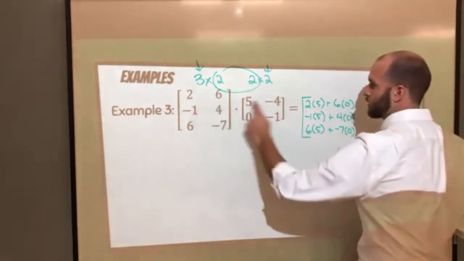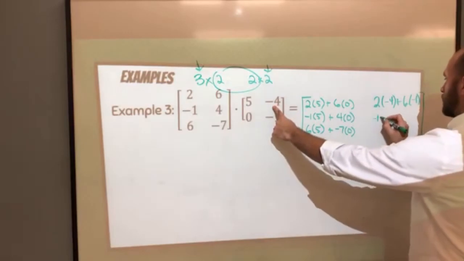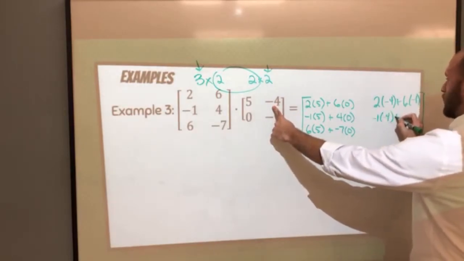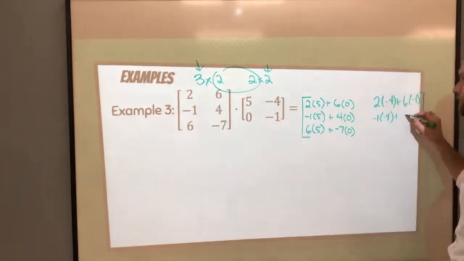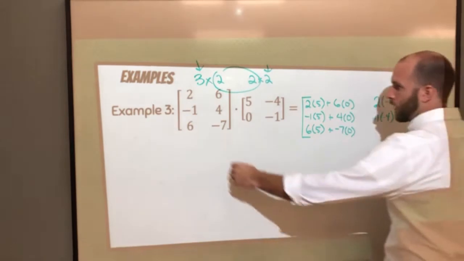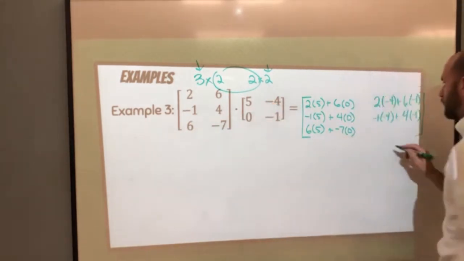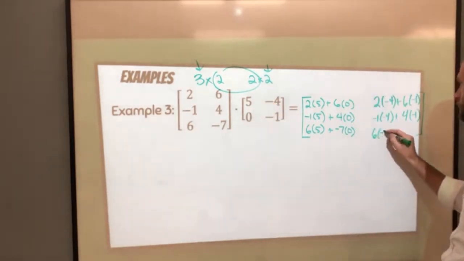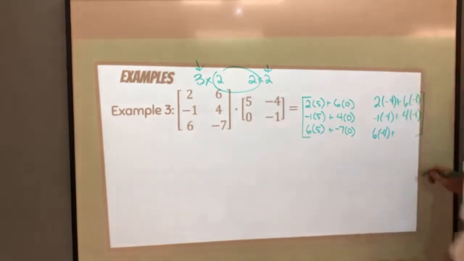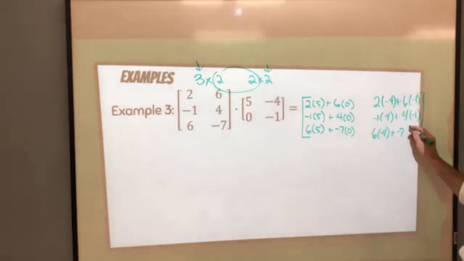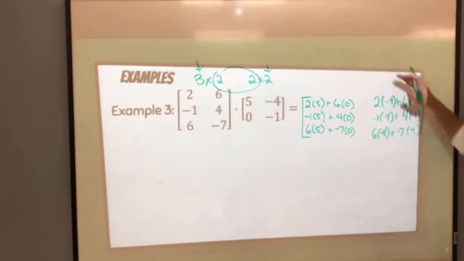We're going to have negative 1 times negative 4 plus 4 times negative 1. We're going to have 6 times negative 4 plus negative 7 times negative 1. And I'm going to write the resulting matrix below here because I'm running out of space.